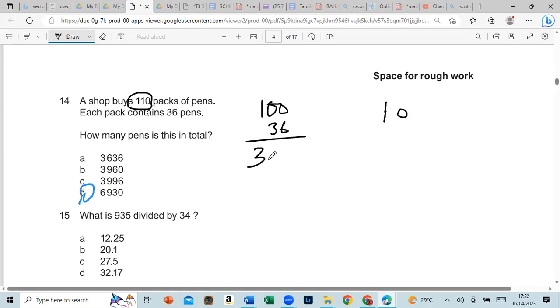I'm going to show you guys quick ways, top secret, guys. We can do it quick. So this will be 360, right? And then we just add this to it. So you can already see the answer, 3,960. Repeated addition. Yeah, that's what I did.